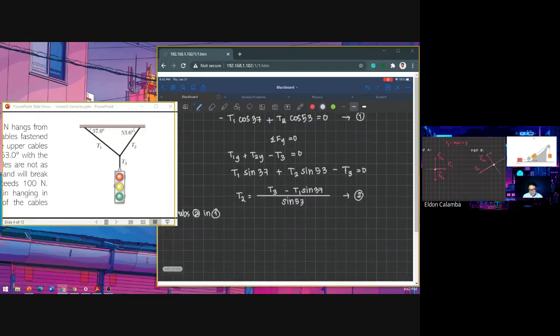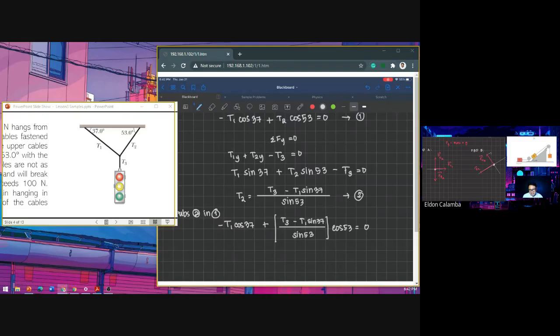So, this will become negative T1 cos 37 plus T2, so, T3 minus T1 sine 37 over sine 53, cos 53 equal to 0. Ayan. So, kayong bahala kung sorry, nakalimutan ko si T. Tama pala. Equal to 0, tama.